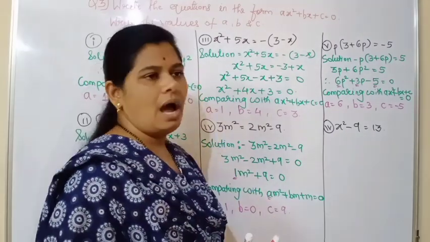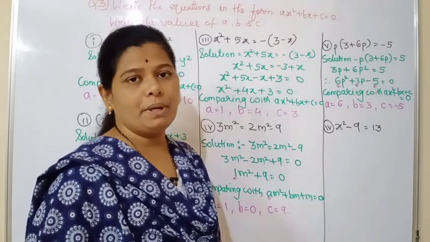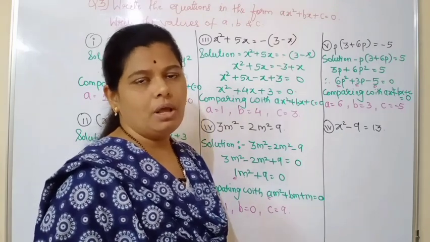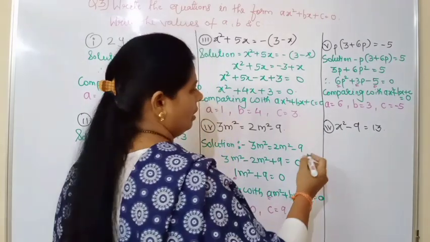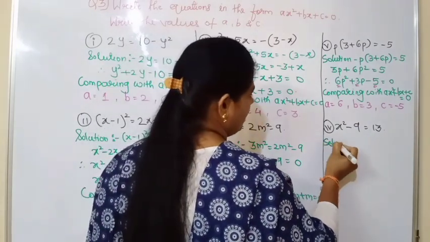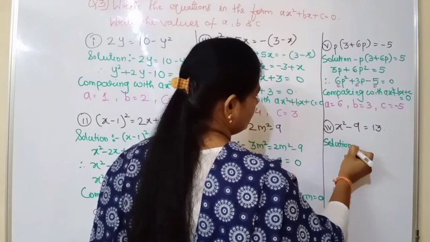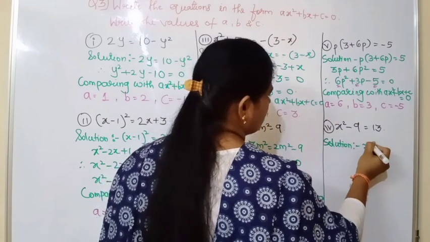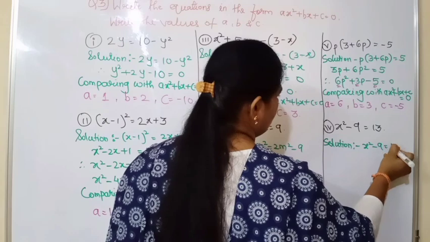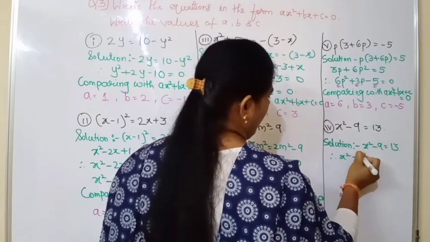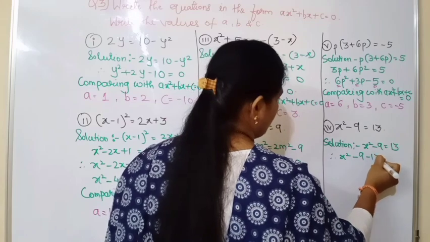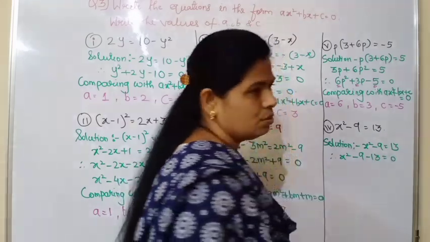Now we'll study the last one, which is also very simple. We just have to arrange it and add or subtract whatever is there. So see the solution. Very simple example: x square minus 9 equal to 13. After arranging we will get x square minus 9 minus 13 equal to 0.